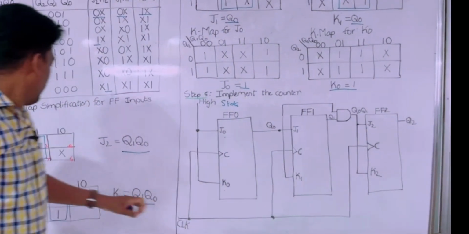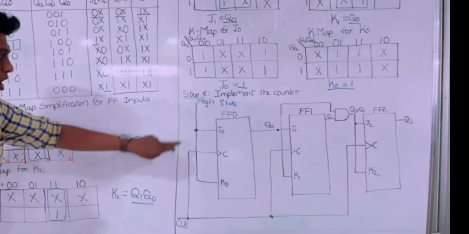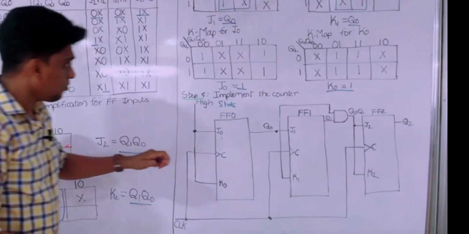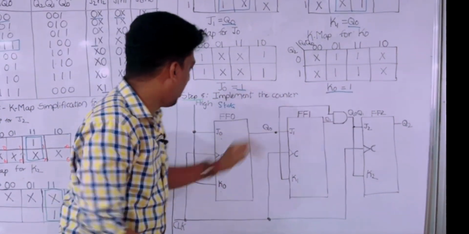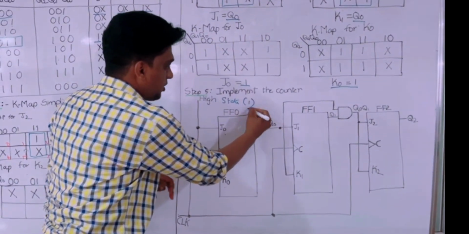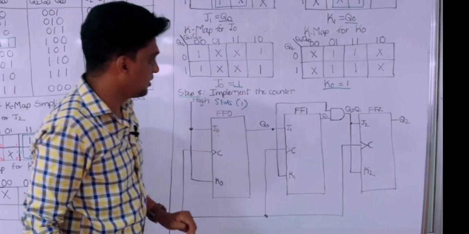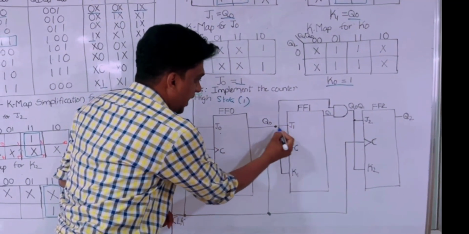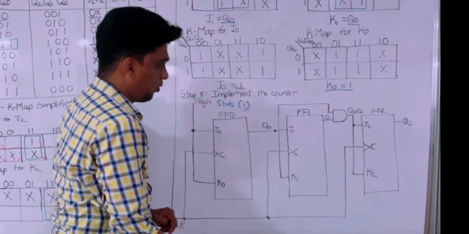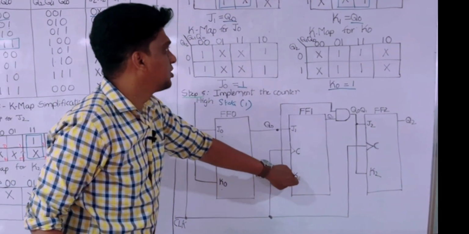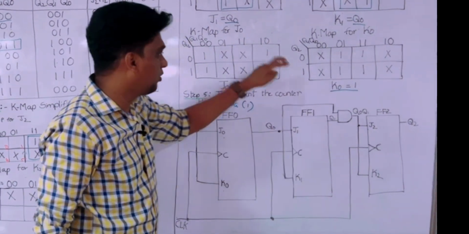Now we know the inputs for J0 and K0: the high state, so it is 1. For J1 and K1 it is Q0, so this Q0 has been connected to J1 and K1. These are the inputs, and to find them we used the K-map.